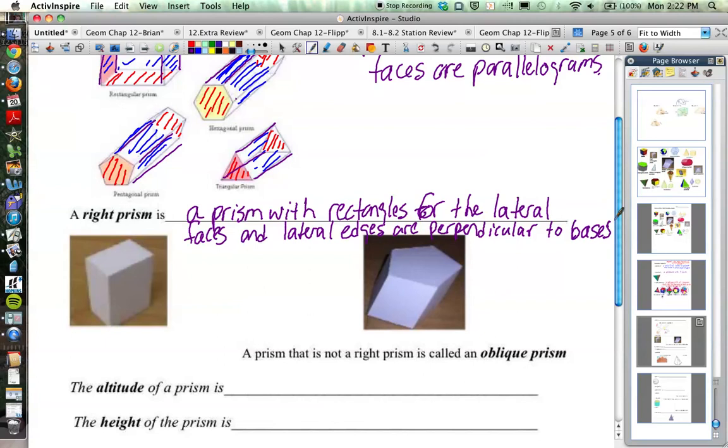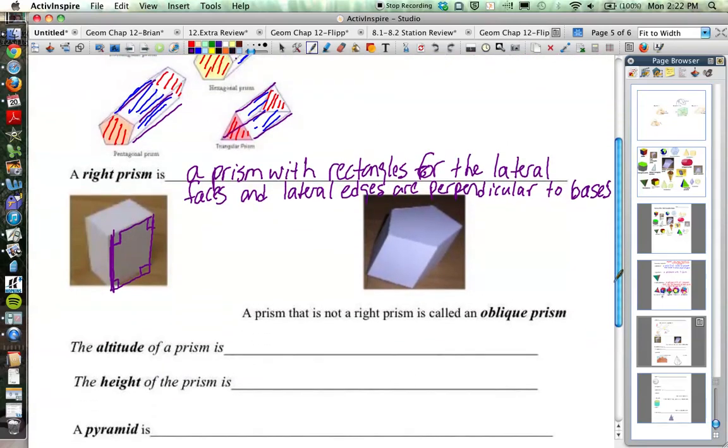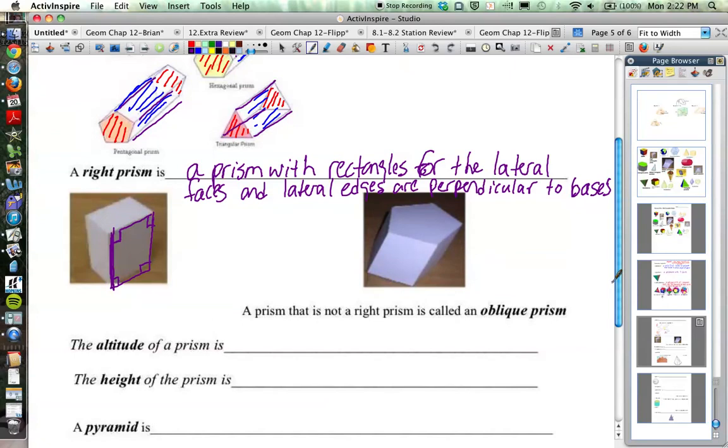So the sides, if you're standing straight up and down, are going to have to be rectangles because they're all going to be perpendicular. So we've got 90-degree angles here. And so right here we've got rectangles. All of the lateral edges then, the ones that go up and down, are going to be 90 degrees to the base. So you have more 90-degree angles in a right prism versus an oblique prism, which is the one pictured over on the right here. Notice now the lateral face right here is no longer a rectangle, it's a parallelogram.